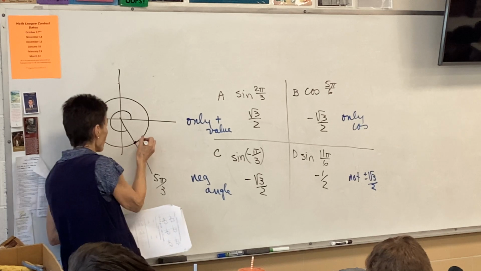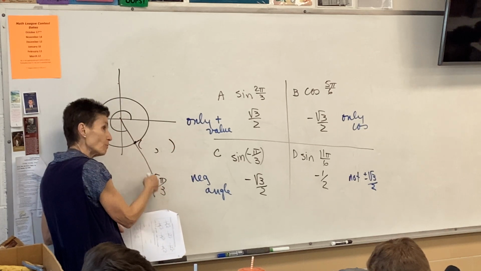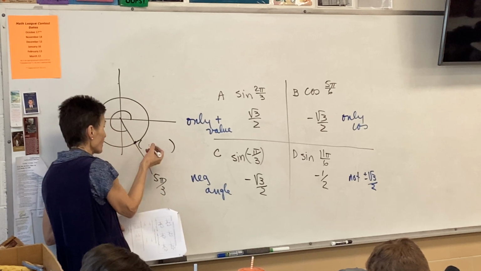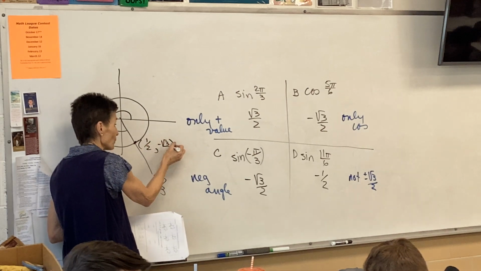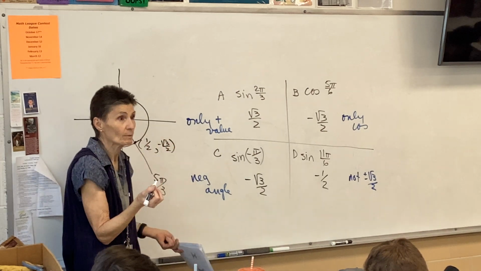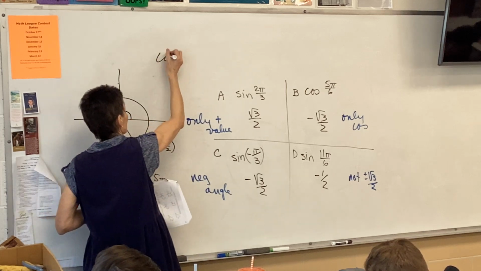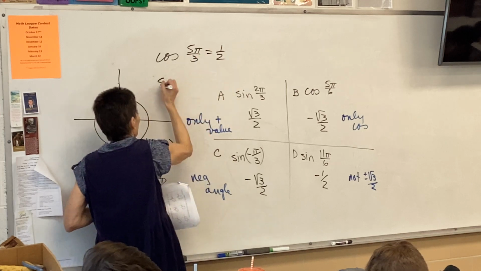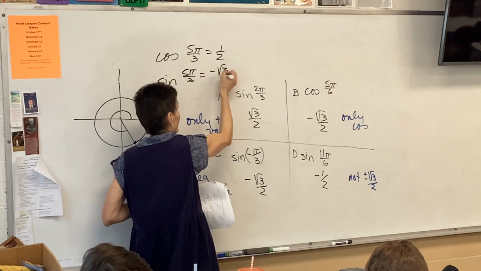So what will be the coordinates of point A? It's a pi over 3 angle in quadrant 4. So that would be 1/2, negative root 3 over 2. Is that okay with everybody? So the cosine of that angle is 1/2, and the sine of that angle is negative root 3 over 2.